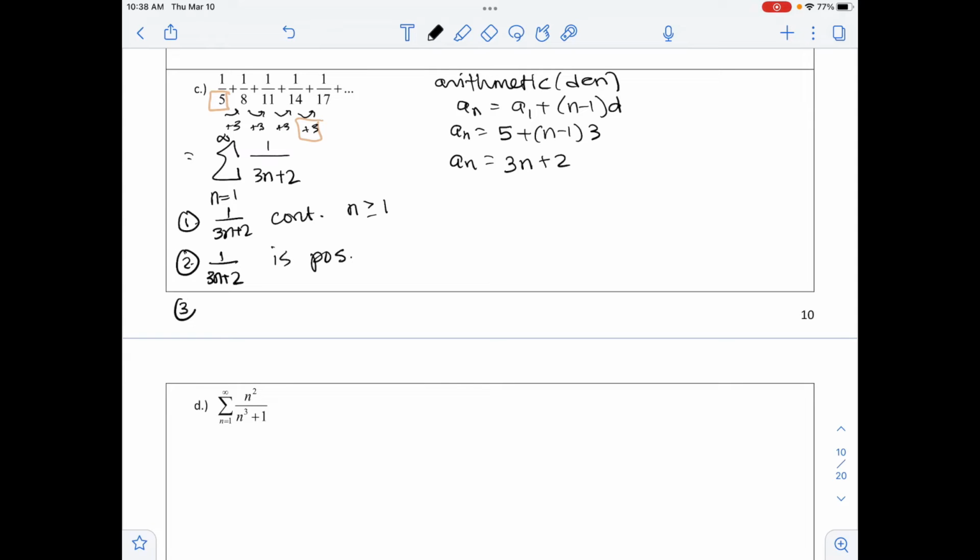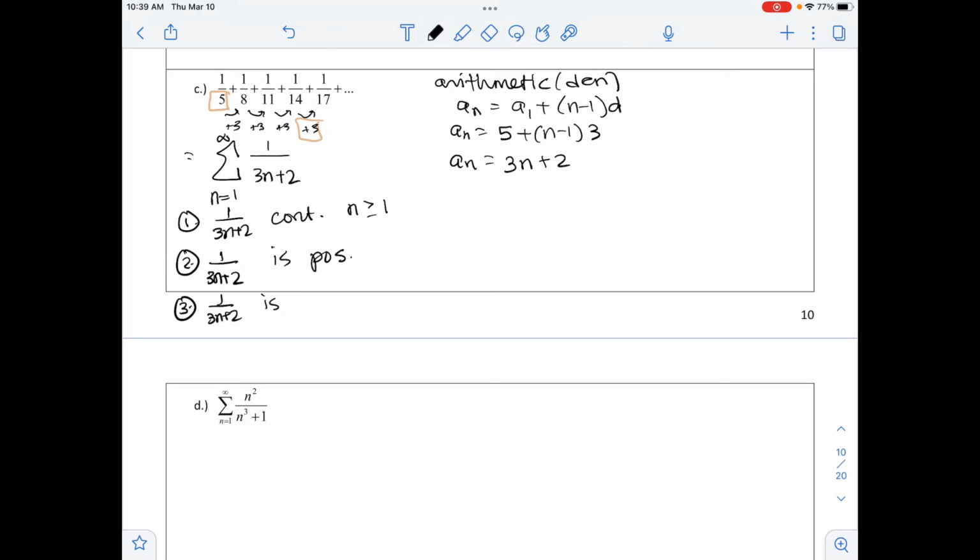And our third thing is that it is decreasing. First off, you can notice that since we have them listed out, it goes from 1/5 to 1/8 to 1/11 to 1/14 to 1/17. So it's decreasing, it's getting smaller and smaller.